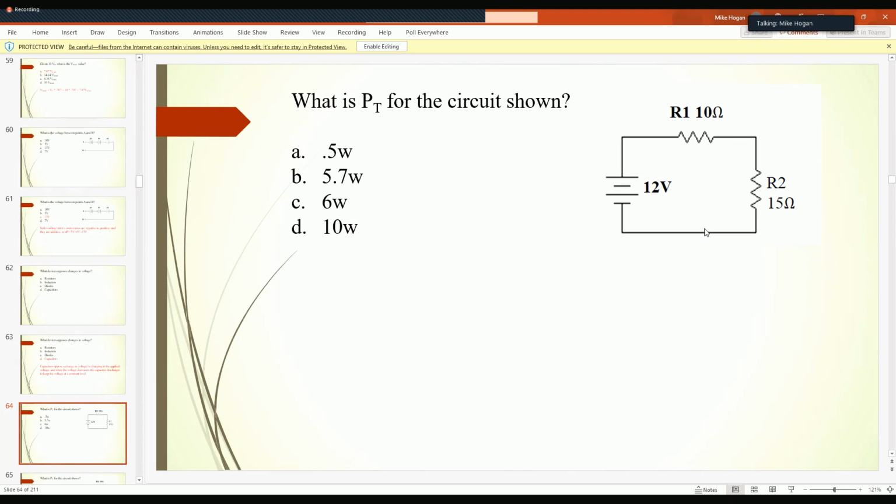It's got to be right at 0.5. 0.48. So just about half. That's my current, 480 milliamps, or 0.48 times 12. About half of 12 is what I'm going to get, right? And so if I look at my answers, the actual correct answer is 5.7. It's B, 5.7 watts. Absolutely.